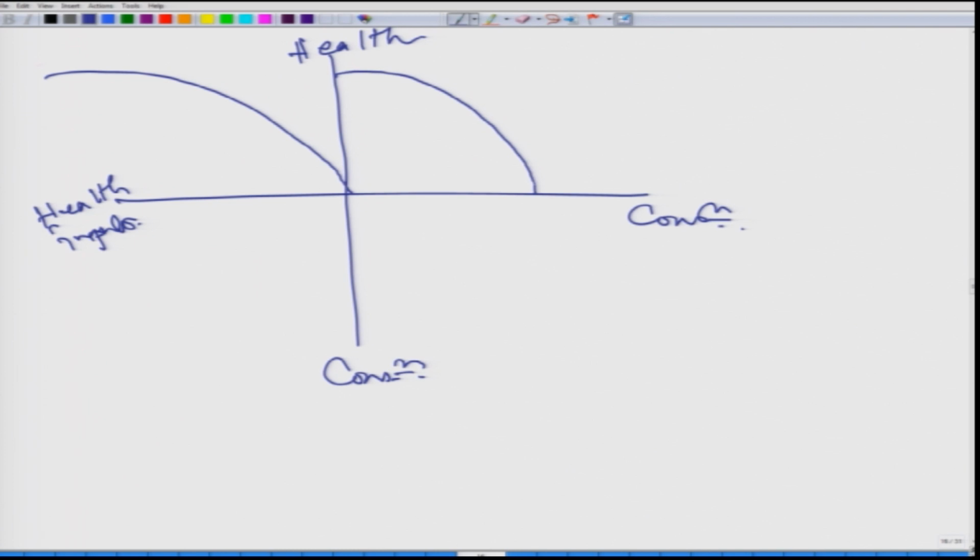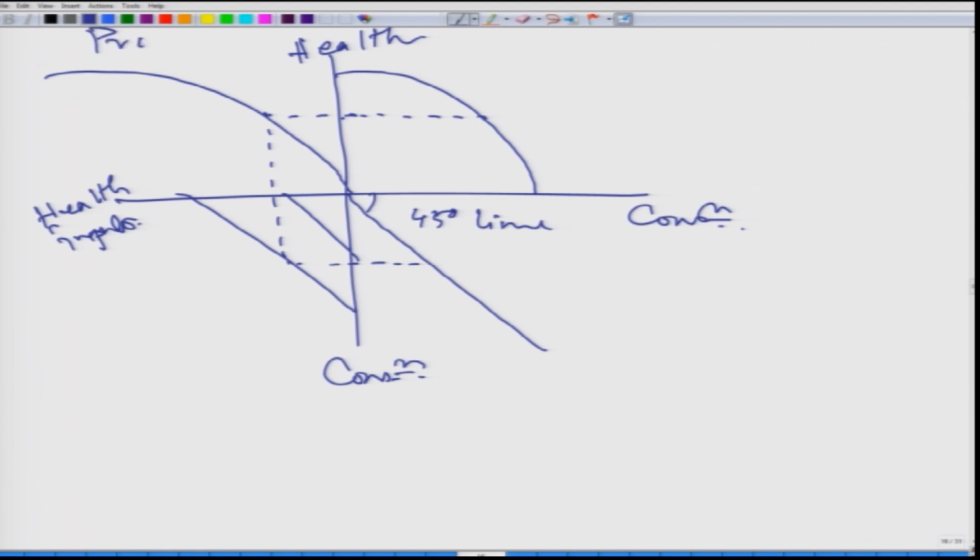This is my consumption possibilities, and these are my budget constraints. Yes, and I can estimate my amount of health input and health, and this is a 45-degree line, consumption and consumption. This is my production function, and this is my consumption possibilities.